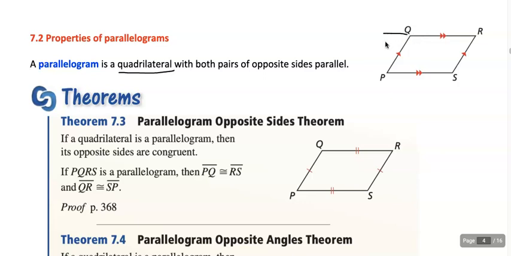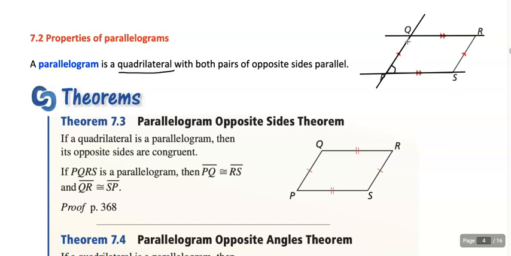Let me just try to draw this as straight as possible. If I extend QR out this way, and I extend PS this way, and I extend QP out this way, what I'm trying to get you to see is that this goes back to alternate interior angles, alternate exterior angles, same side exterior, same side interior.